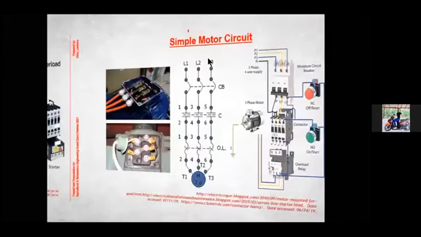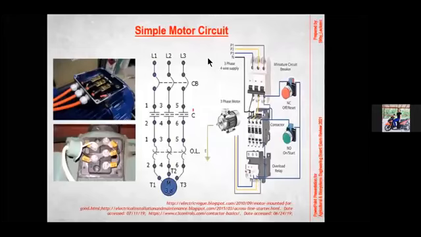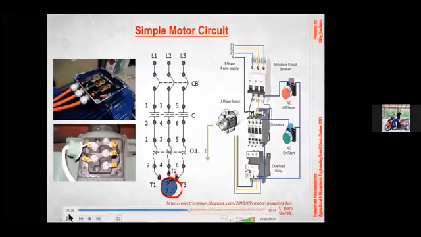Now, how do you connect the electric motor? So let's say we have this electric motor. This is in three phase, and we have three terminals right here. Okay, so that terminal can be found right here.